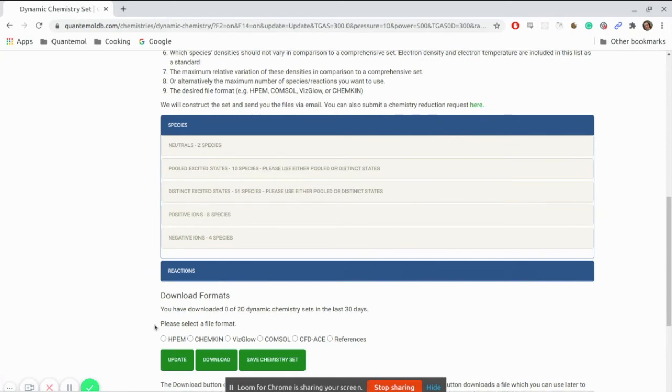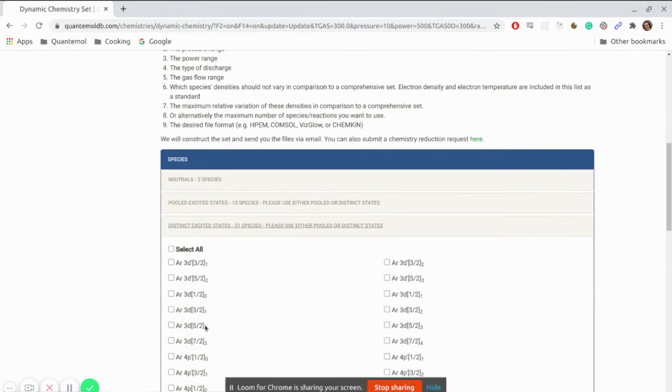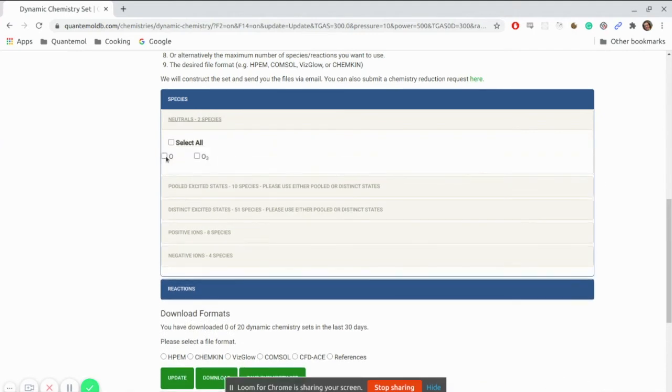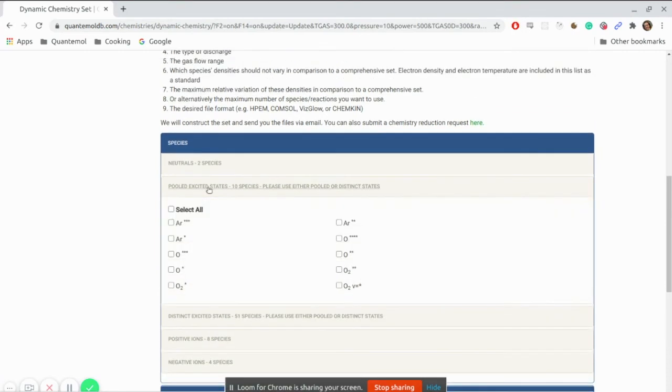I will make my choices rather quickly. After selecting my feedstock gases, it brings up all associated species which it could find in the database. So now I need to make my choices of what I would like to include in my chemistry. I will be building up a discharge for low pressure plasma, so I don't expect ozone to be formed.